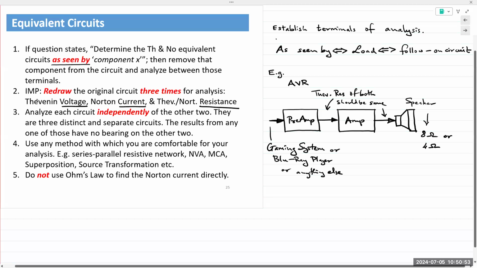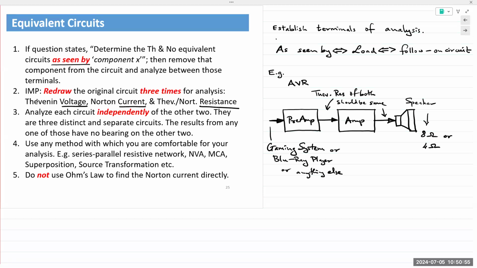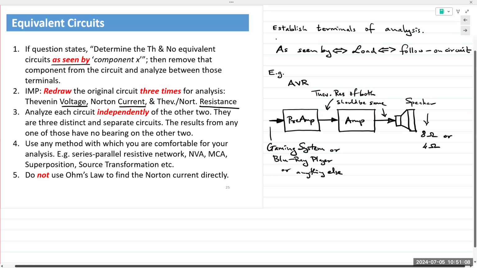So we have to analyze each circuit independently of the other two. The circuit that you use to determine the Thevenin voltage is different from the circuit for Norton current. It's different from the circuit for resistance. For resistance, there are no sources present in the circuit.